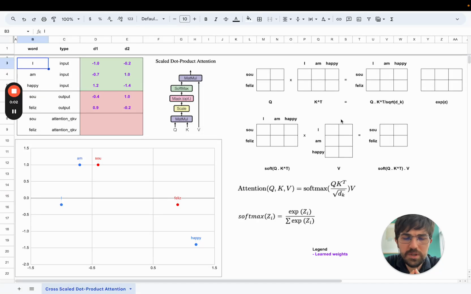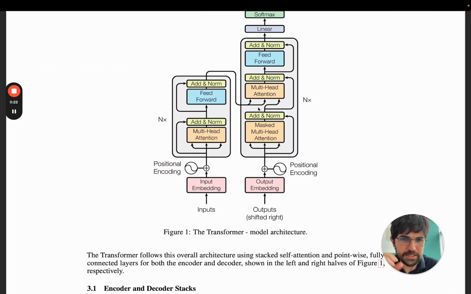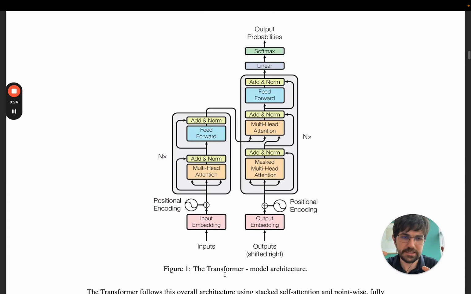Okay, so in this video, I want to give you guys some intuition about transformers, or actually about the attention mechanism in the transformer architecture. And actually being more specific, if we check the paper, this is the full transformer architecture.